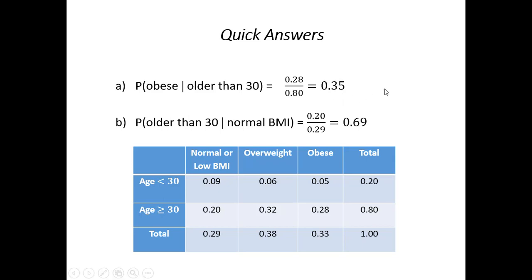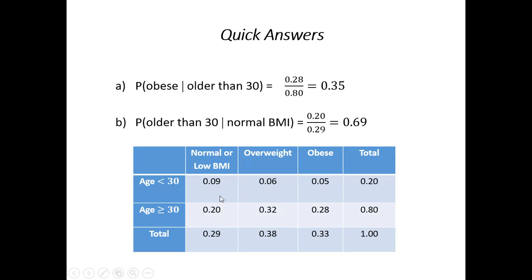Now in part B, we sort of flip around the role of older than 30. So here the given condition is that a person has a normal BMI. So now the given condition is represented by this column. So the probability older than 30 and a normal BMI, this will be 0.20, right?